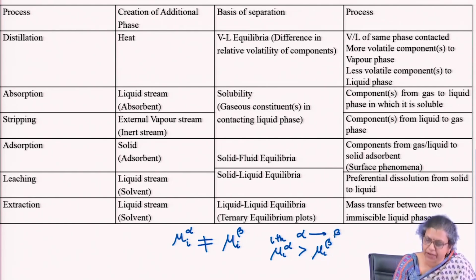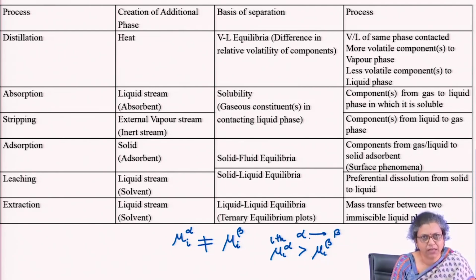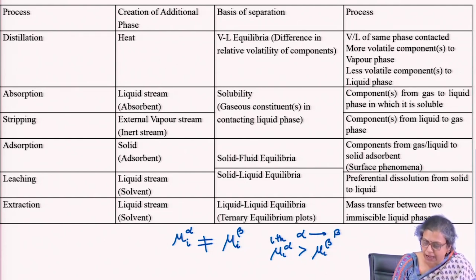So the rate of mass transfer, and how much mass transfer is going to occur, depends on how different mu i of component i in the alpha phase is as compared to mu i of component i in the beta phase.